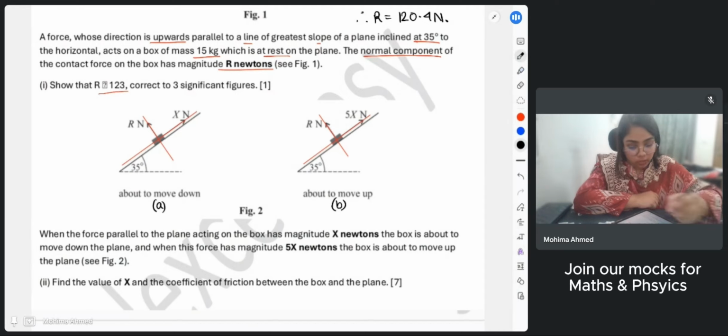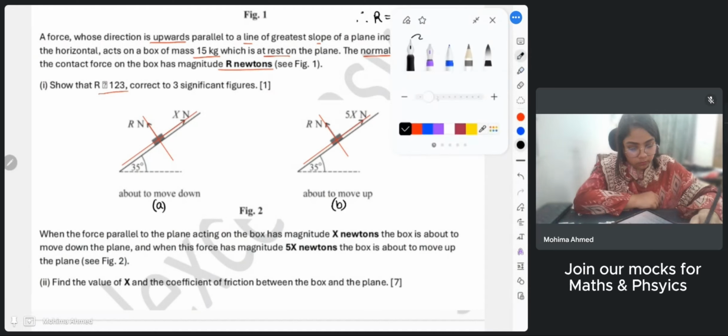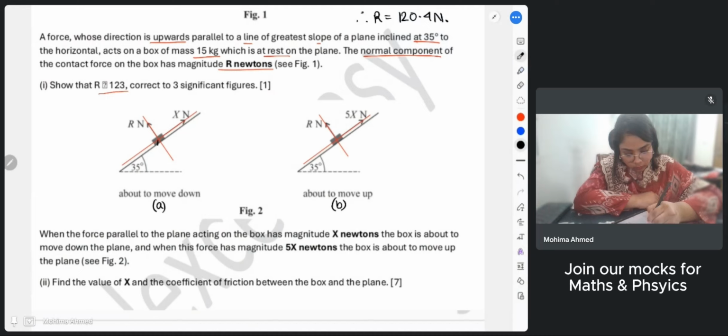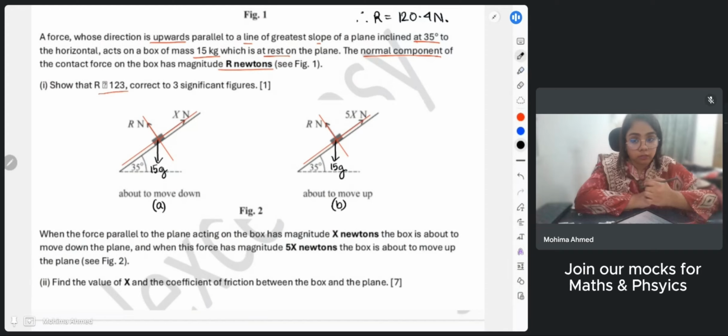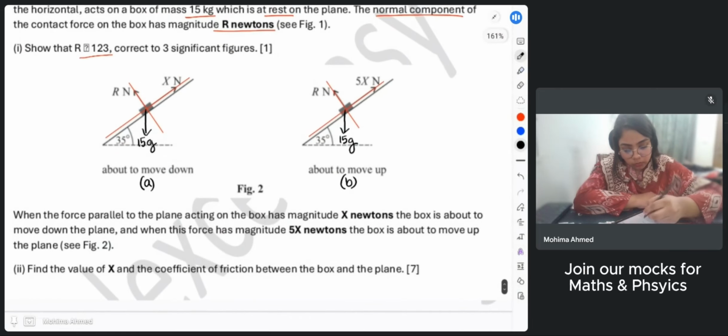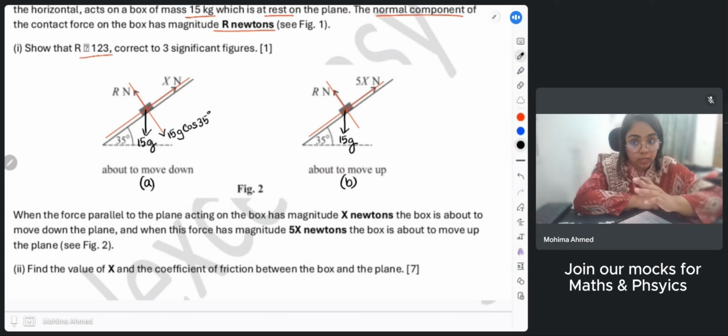So from the center in the downward direction, we have 15g, and over here also we have 15g. And obviously, the weight and the vertical component is always going to create that 35 degree, because the plane was also creating that 35 degree with the horizontal plane. Okay, then let's just distribute the forces. In the vertically downward direction, it is still going to be 15g cos 35, which means the value for your R is still what we calculated in part 1, which was 120.4.